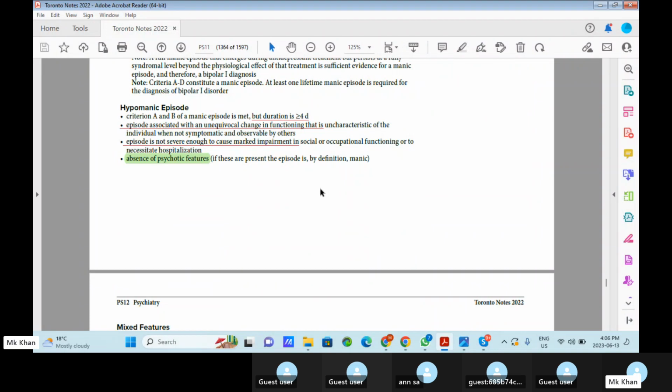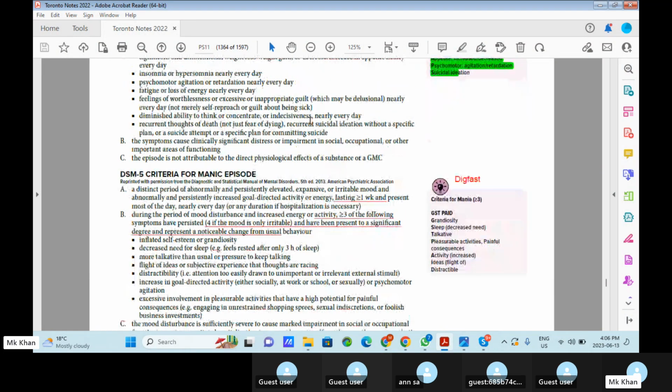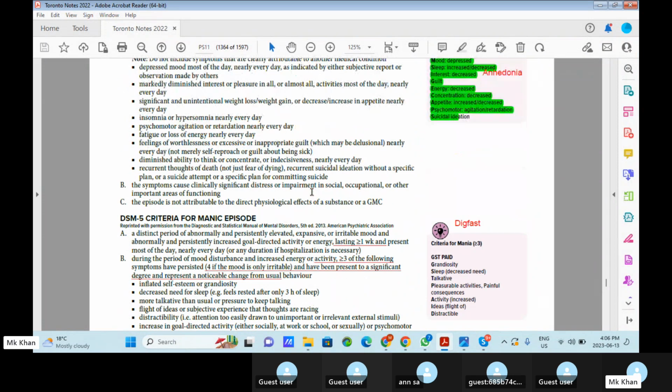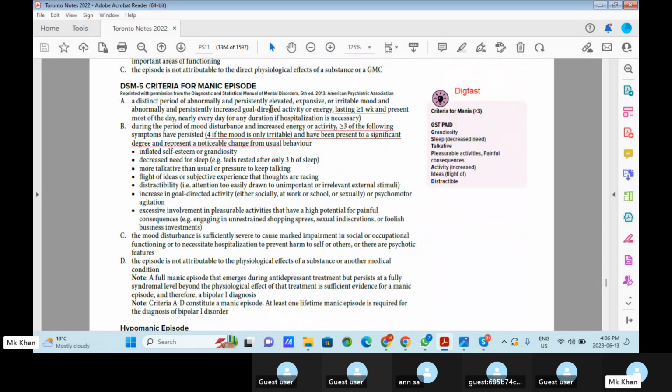And now, what is a hypomanic episode? Criteria A and B of a manic episode are met, but the duration is four or more days. Here the duration was 1 week, and in hypomania the duration is four or more days. What are the A and B criteria? A was the irritable mood and all this, and B was three or more of the following present.